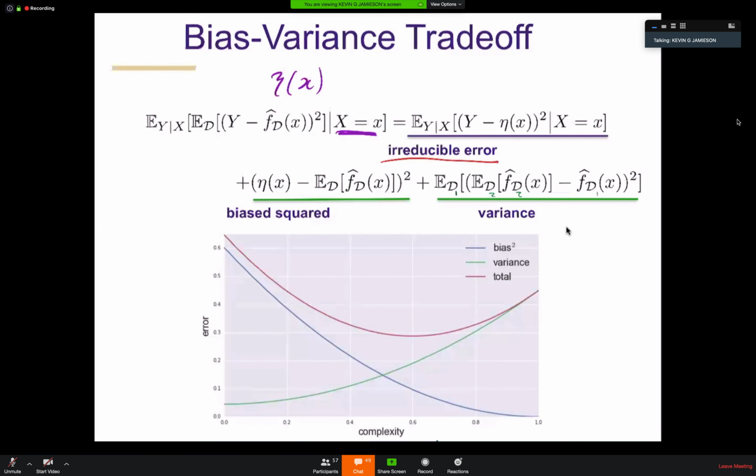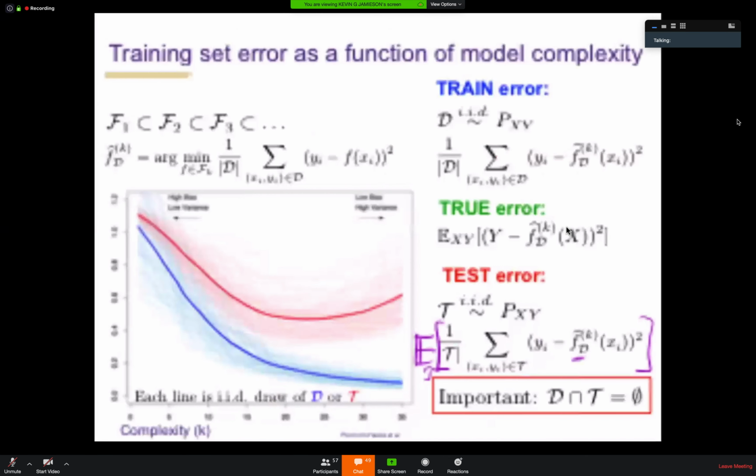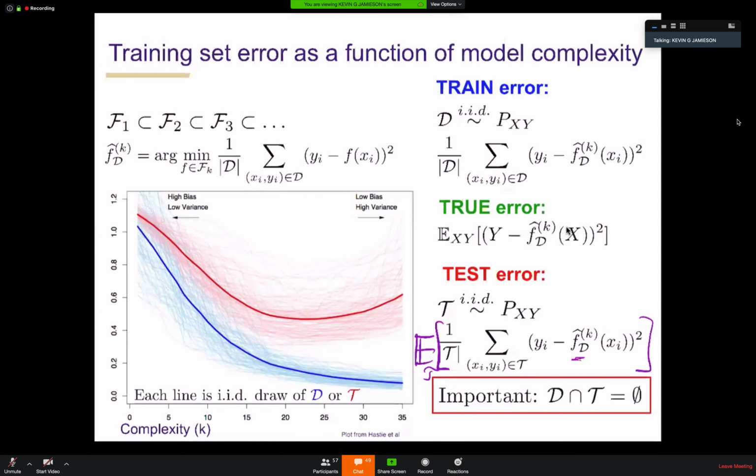Why we care about them is because they allow us to think about algorithms. If you observe some test error, that test error is an unbiased estimate of the true error. The true error can be decomposed into the irreducible error, the bias, and the variance.